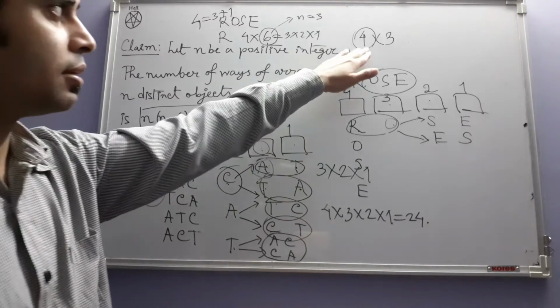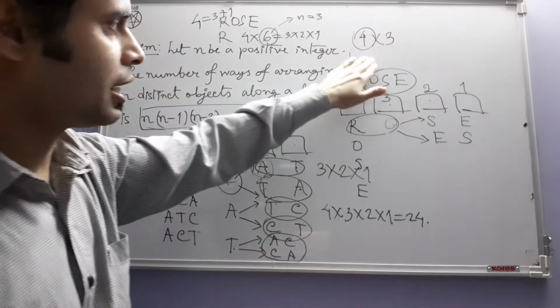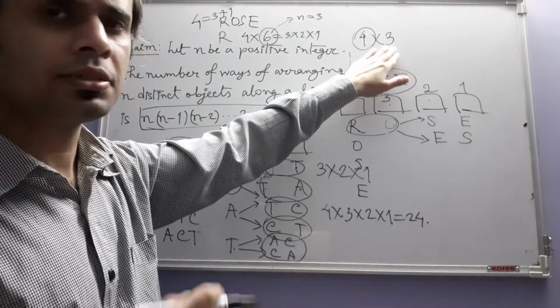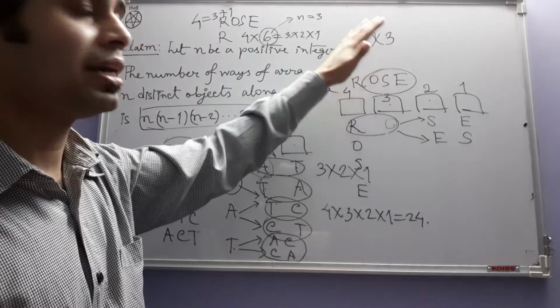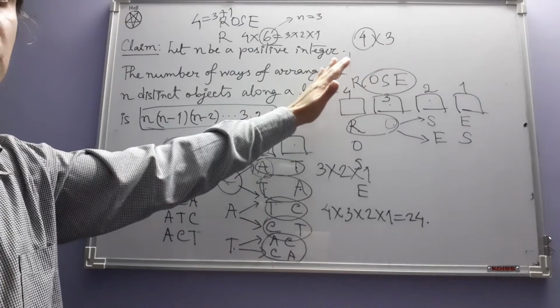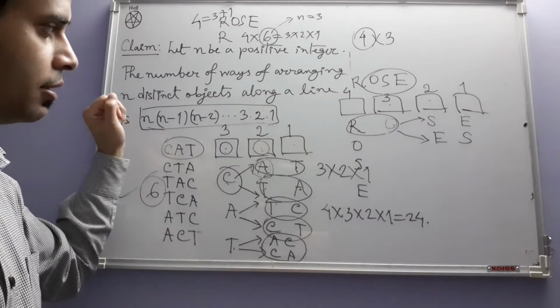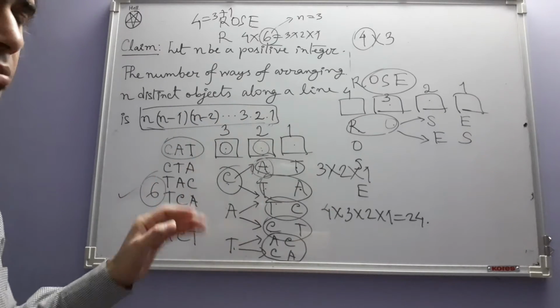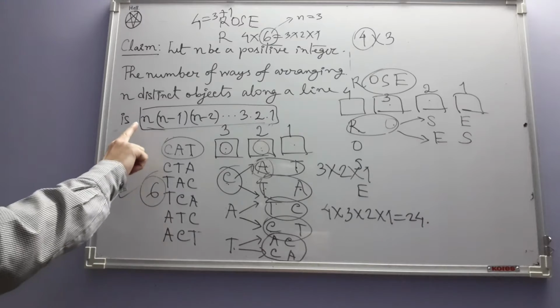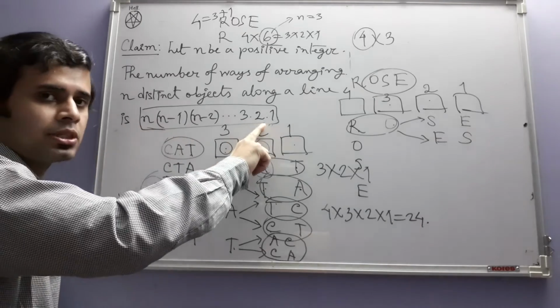The reason we are multiplying this is apparent from this discussion, and this is called the multiplication rule or the fundamental rule of counting, and this we will be using all the time in solving this type of problems. Now we understand why the formula looks like this.